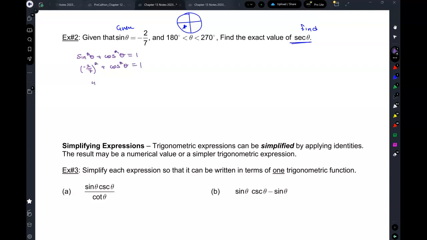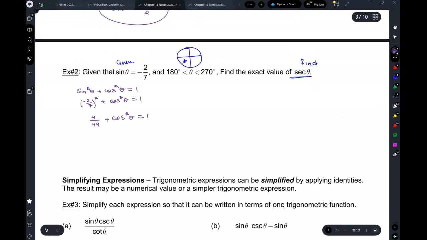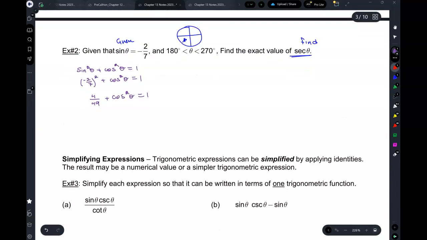Square this, positive 4 over 49 plus cosine squared theta equals 1. Now I need to subtract 4 over 49. Cosine squared theta is equal to 45 over 49.